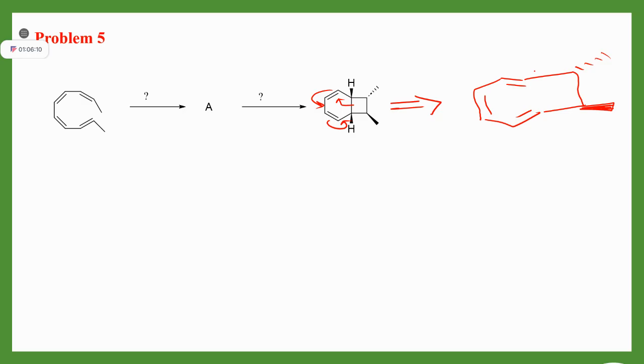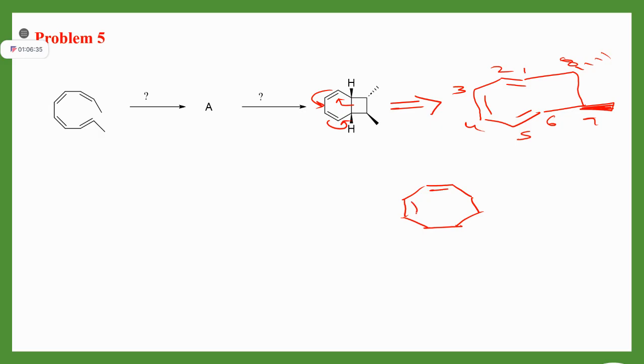See, let's calculate the number: 1, 2, 3, 4, 5, 6, 7, 8. This is an 8-membered ring, correct? The most stable conformation of the 8-membered ring is there. This is on this only, right?